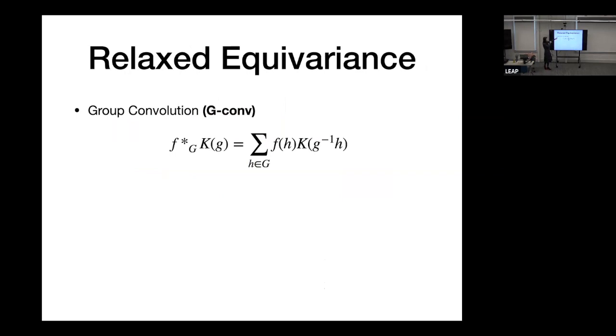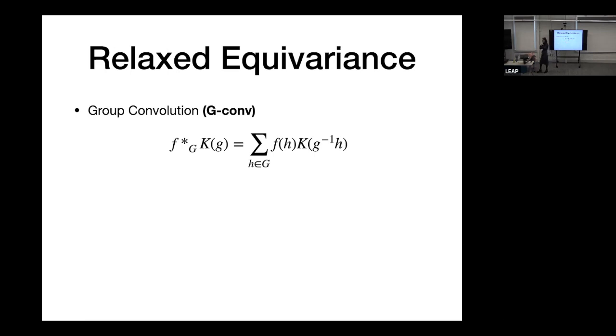There is the earlier version of equivariant convolution called group convolution, which is a direct generalization of convolution to any group. If you're familiar with convolution for the translation group, this simply says I can compute the inner product between the input feature and the kernel by convolving over every element in the group.